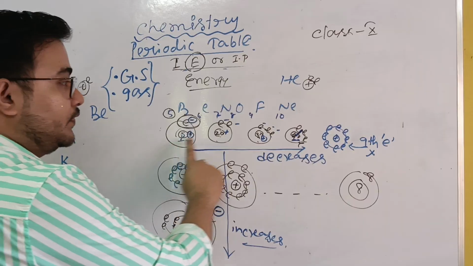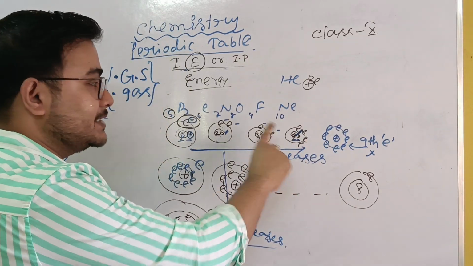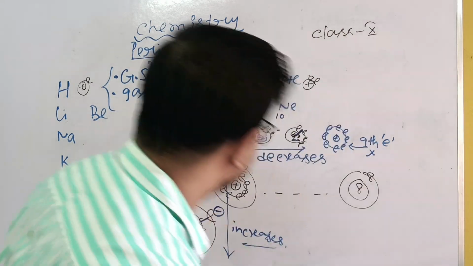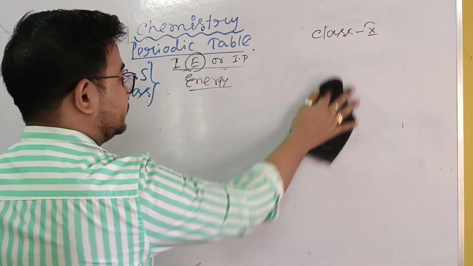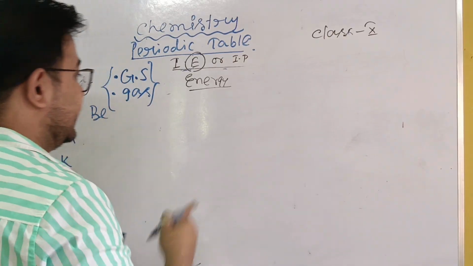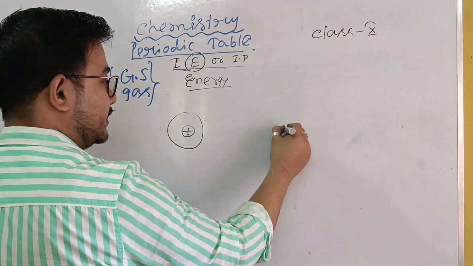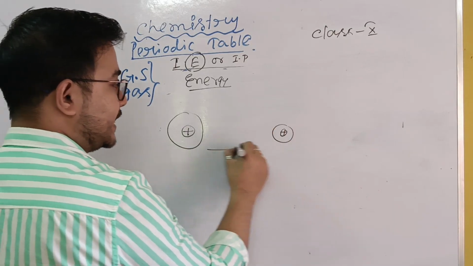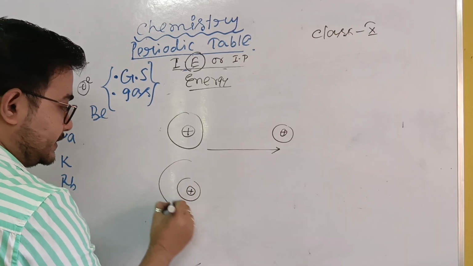As you move left to right, what happens to the radius? Radius decreases. Look at the board. Suppose this is one element and this is another element. Radius decreases as we move left to right, and as we move downwards, radius increases.